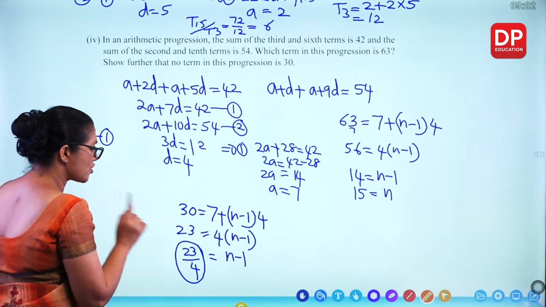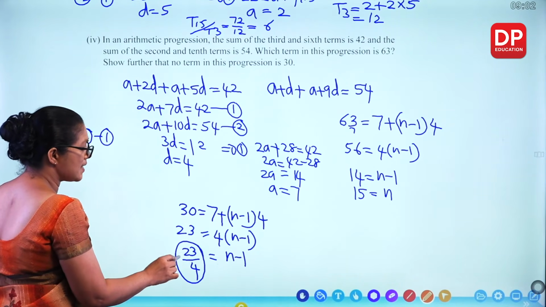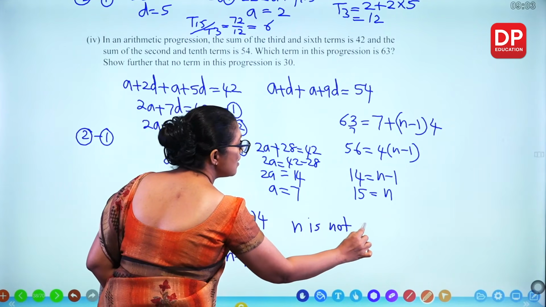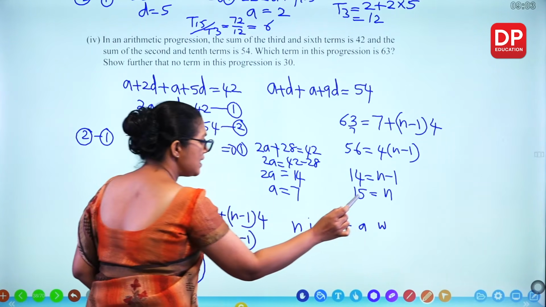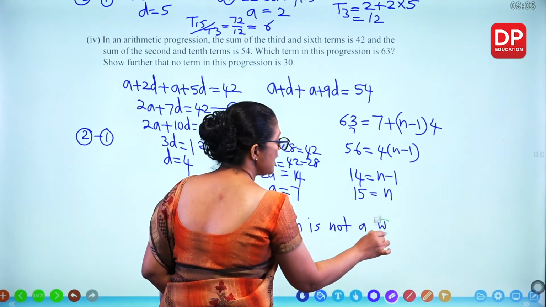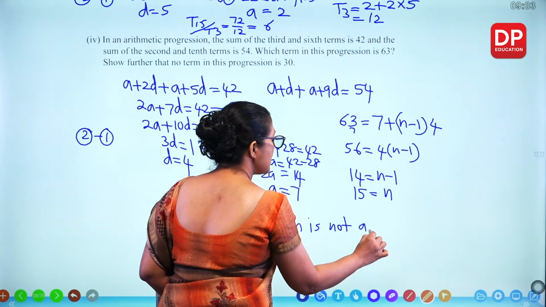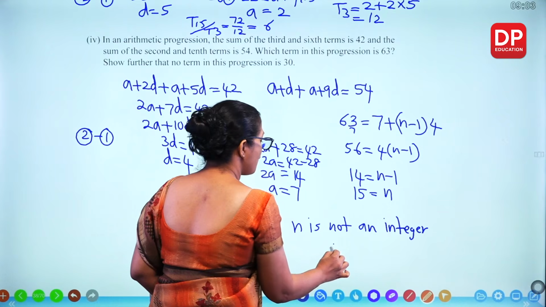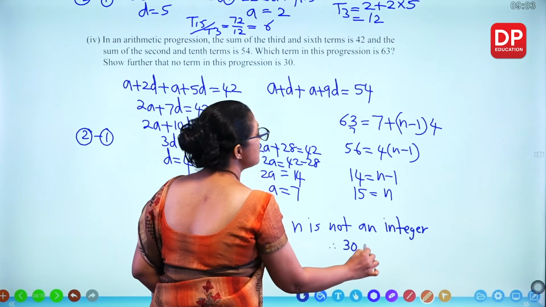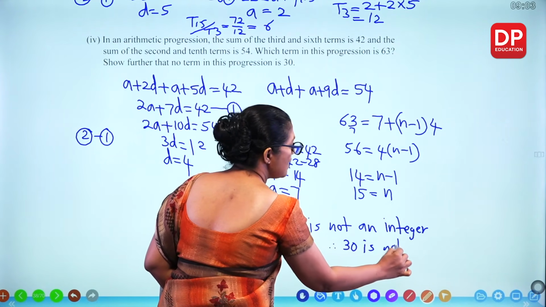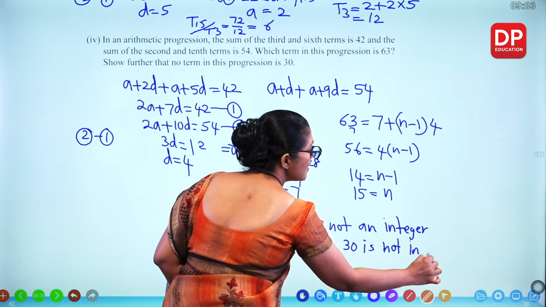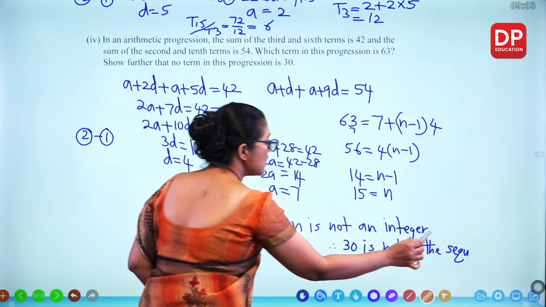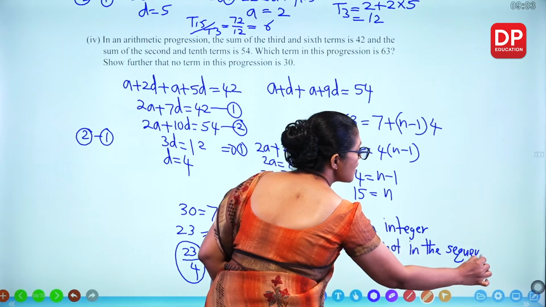You get a fraction. So here you can say n is not a whole number, better to write not an integer. Therefore 30 is not in the sequence. So you can write 30 is not in the sequence.